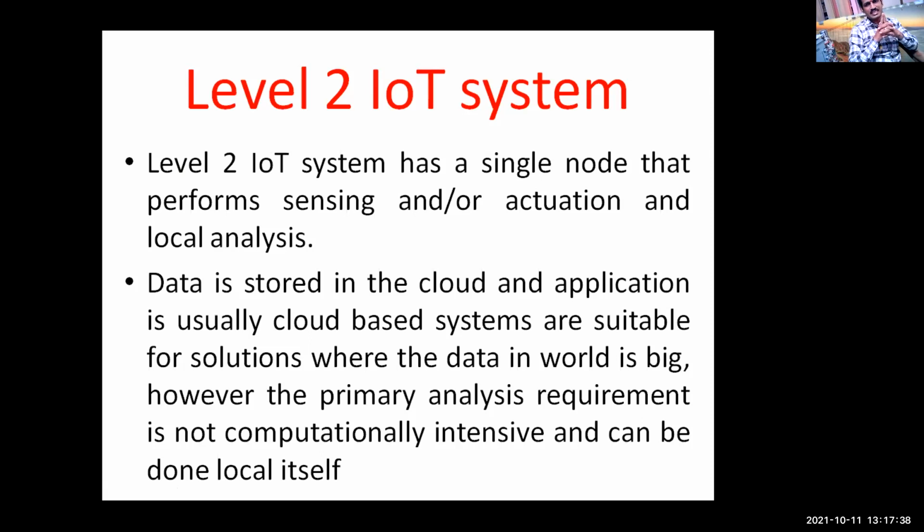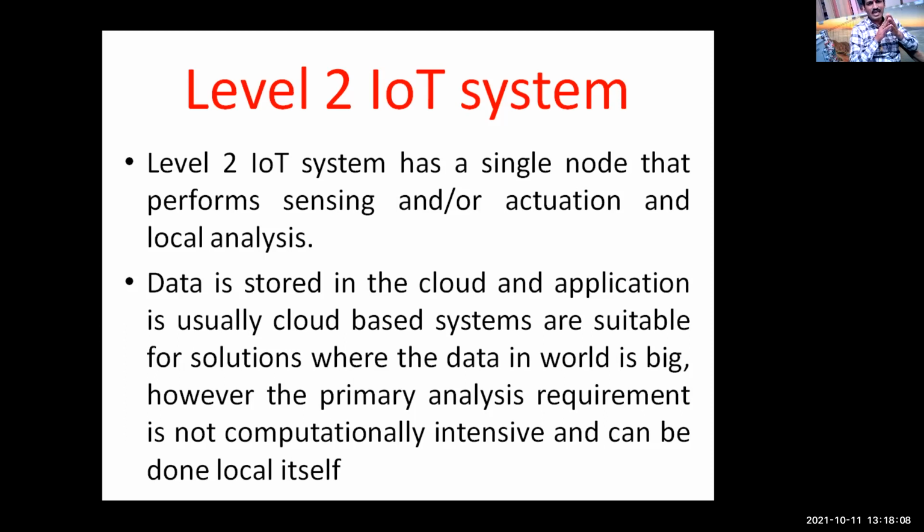A level 2 IoT system has a single node that performs sensing, actuation, and local analysis. Analysis is done locally. Data is stored in the cloud, and applications are usually cloud-based. Analysis is done locally, and data is stored in the cloud. Cloud-based systems are suitable for solutions where the data involved is big.